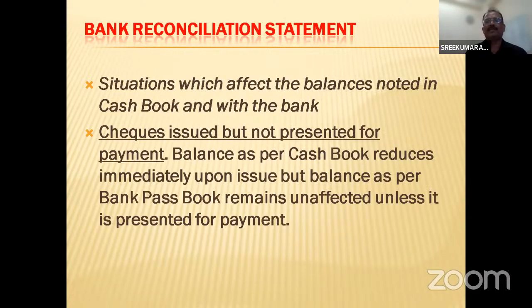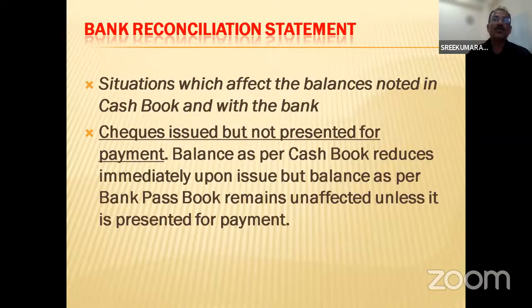Then you withdraw some 600 rupees. Your closing balance in the cash book comes down to 400 rupees. In the bank also, the closing balance has to come to 400 rupees. It's a very good situation. But not all the time will this closing balance be the same.